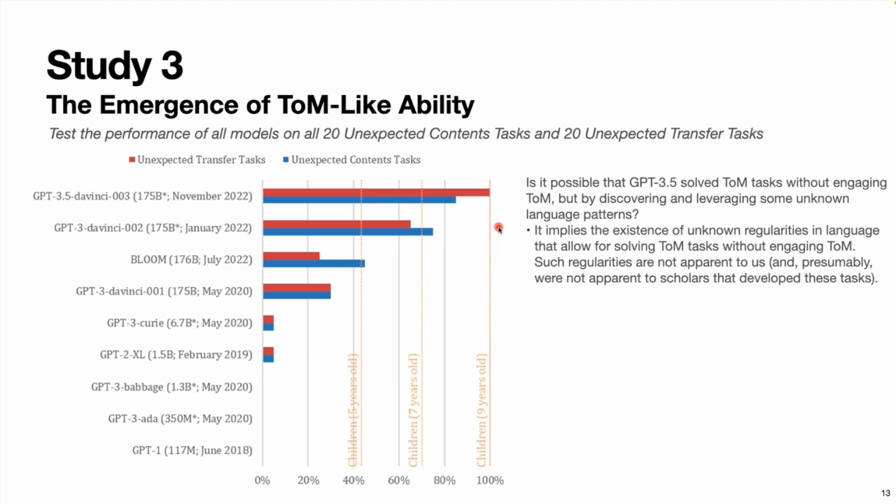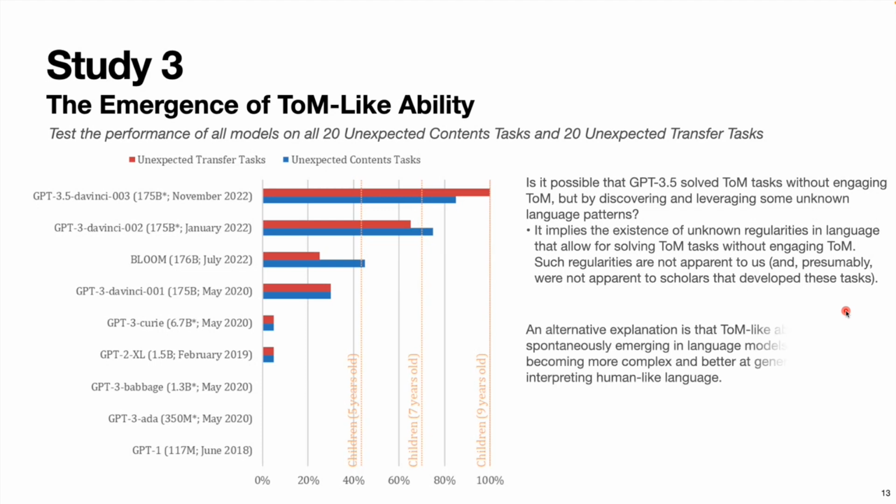And the argument of the authors is that solving these tasks using only patterns is something that no human was able to do, because these regularities are not visible to us and are not exploitable by us. And also they were not obvious to the persons who developed these standardized tests.